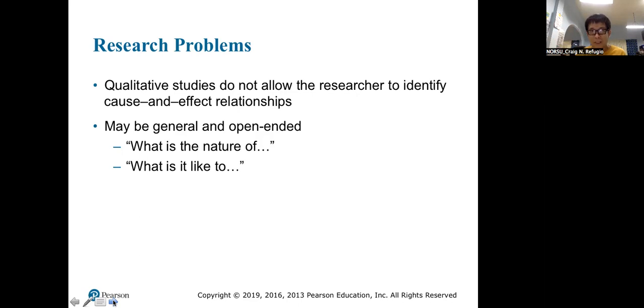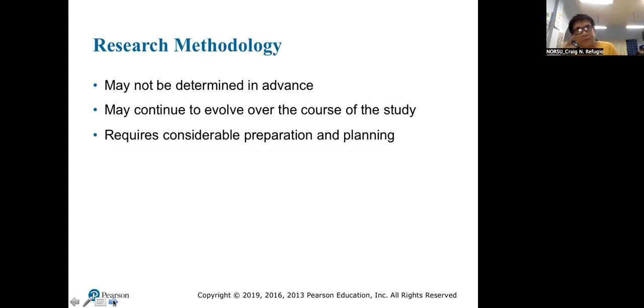Looking at that acronym SMART, we only focus on the measurability. It should be measurable, attainable, realistic, and time-bounded. But in terms of the specific statement of the problem, we don't consider that in a qualitative design. That's only for a quantitative research design.